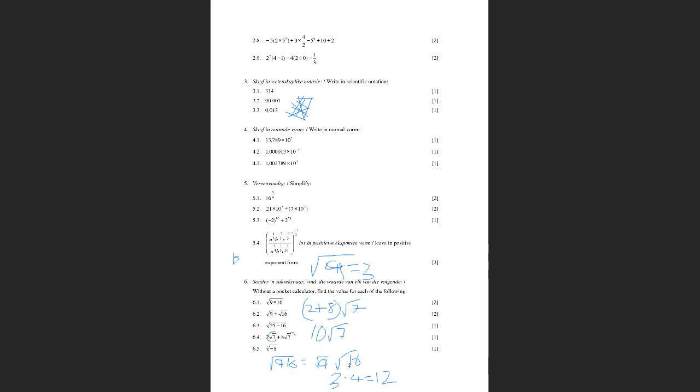Thank you, sir. It's clear. Yeah. So you find out that all these things I did easily without using a calculator. So that is how you must be able to do. If they tell you without using a calculator, they simply want to see whether you understand the laws of sets and exponents. You understand me? If it's a written test and you punch the calculator, what they say without using the calculator, they want to be sure that you understand the laws of sets and the laws of exponents.